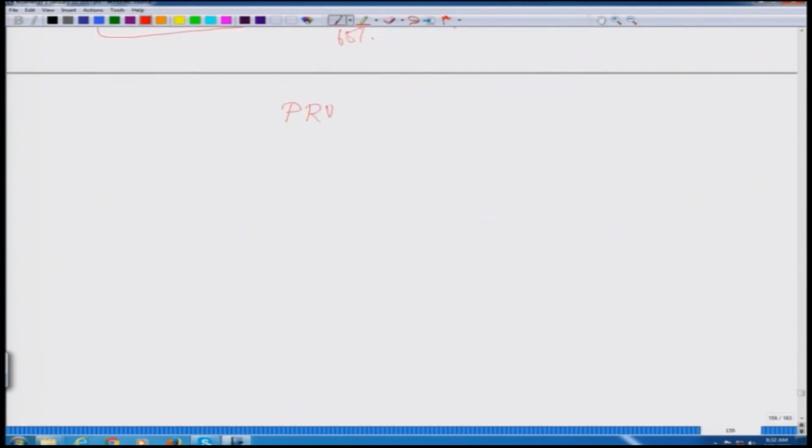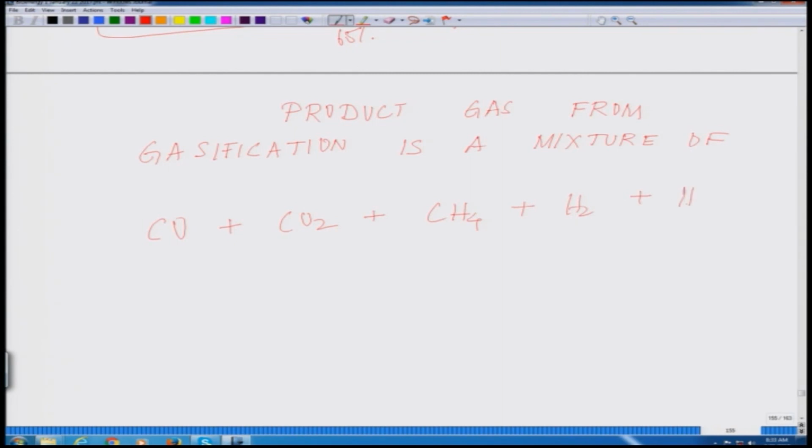Essentially, the product gas you get out of this whole process, which we call the product gas from gasification, is a mixture of CO plus CO2 plus methane plus hydrogen plus steam or water vapor.